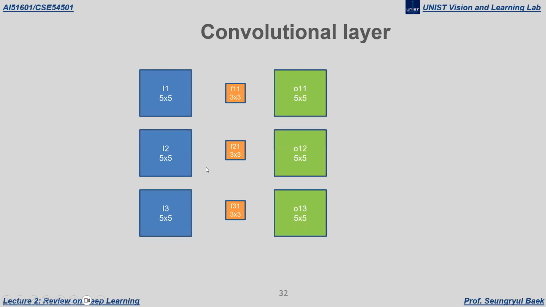So you can just augment the filter numbers to get n number of outputs, okay? So are you guys following this? Okay.